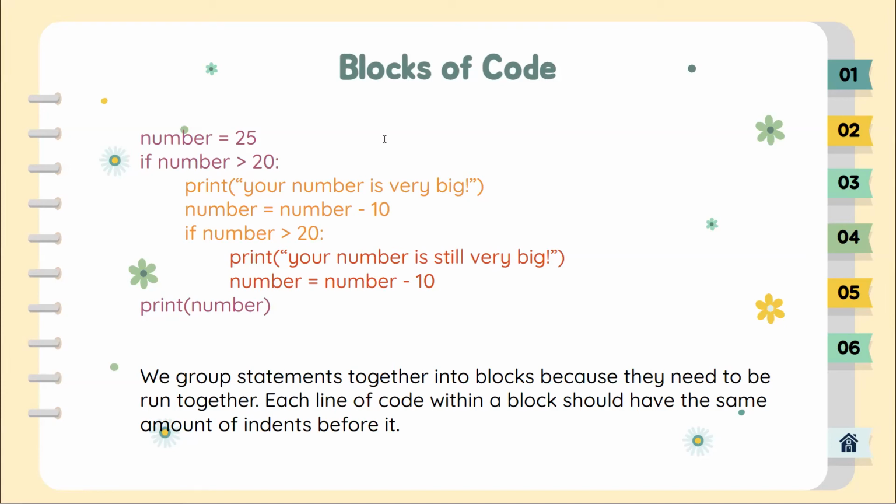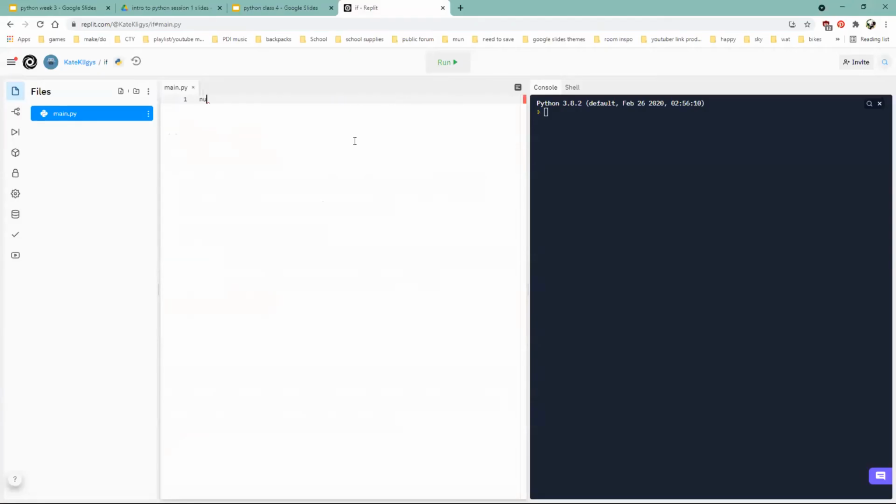Okay, so here I can recreate that. Number equals 25, if number is, let's say, greater than 20, and you see the colon, and it automatically indents it for us in Replit, which is very nice.